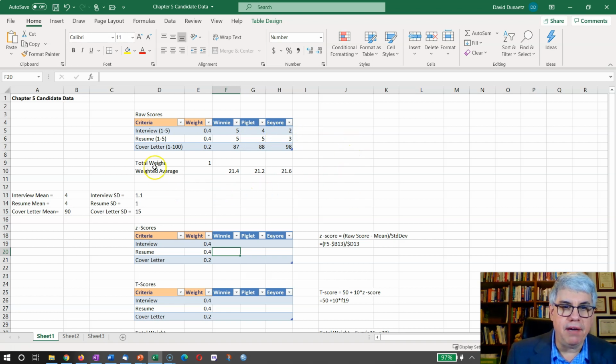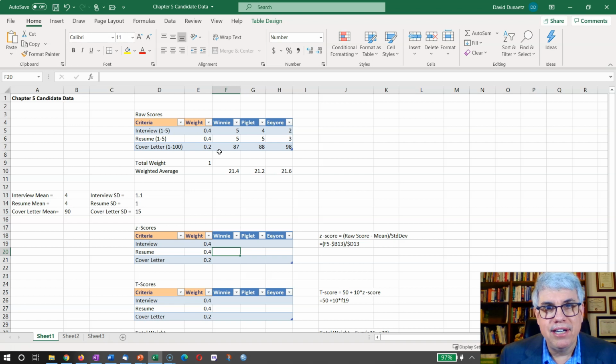However, on the cover letter, which was graded on a 1 to 100 scale, so this is a much different scale than the interview or the resume, both Winnie and Piglet didn't do real well on the cover letter. They had some grammatical errors, and a few sentences weren't as smooth as they could be.